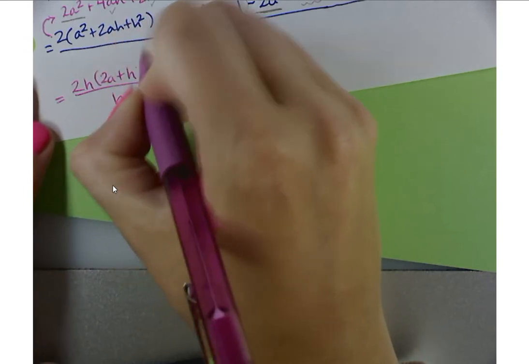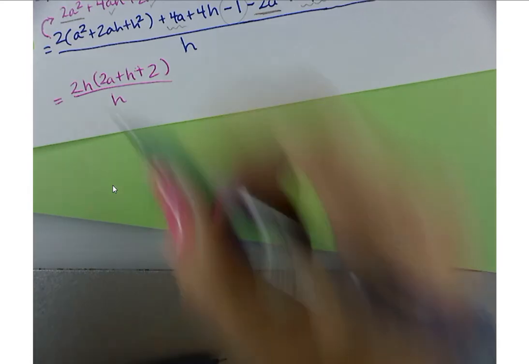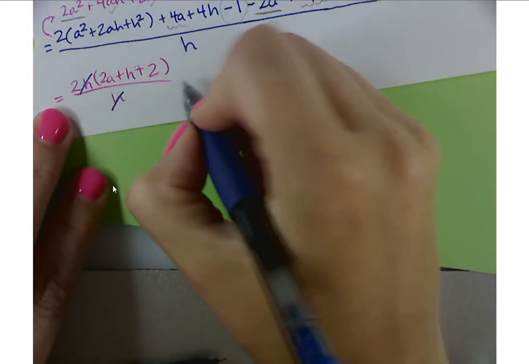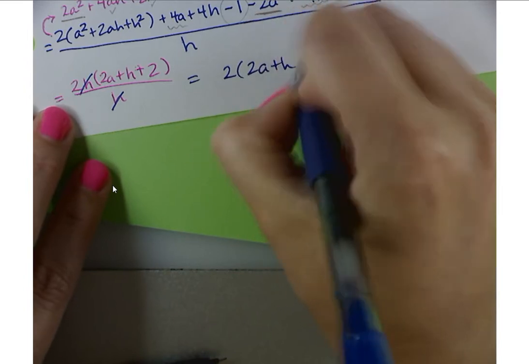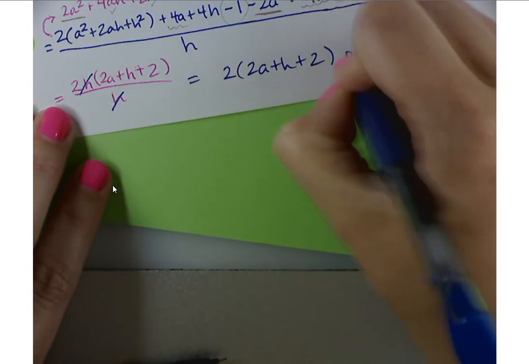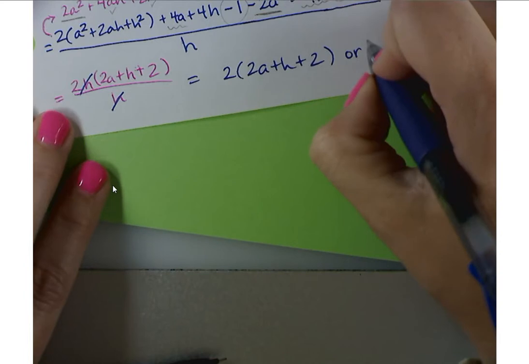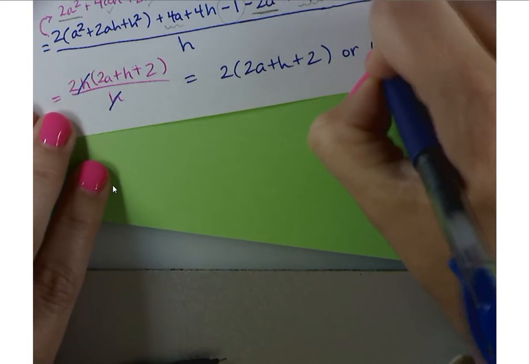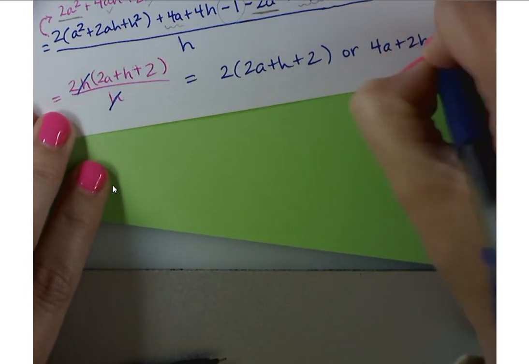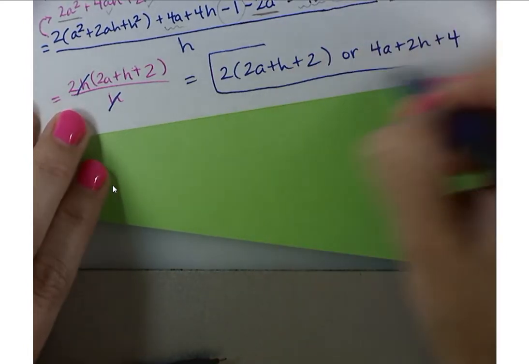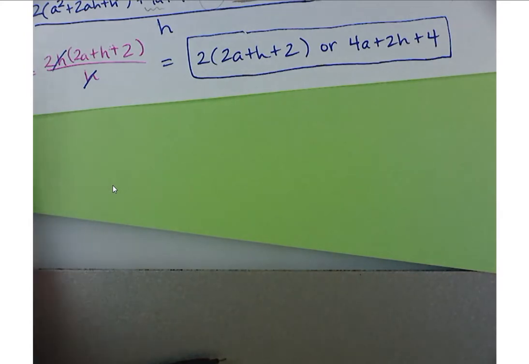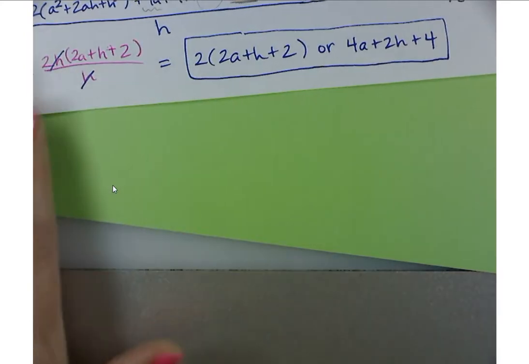It's just easier for people to see when I have it written out like this, so I can cross it out at this step. And then you can write your answer as either 2 times 2a plus h plus 2, or you could also distribute it again, and you could have 4a plus 2h plus 4. Either one of those I would count correct. It does not say to leave this in factored form. So either one of those is fine.